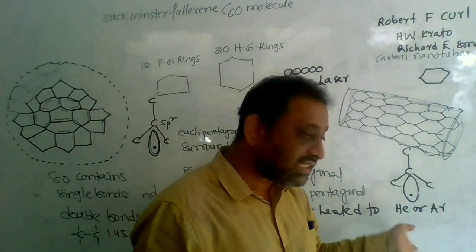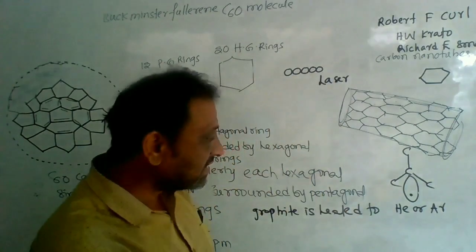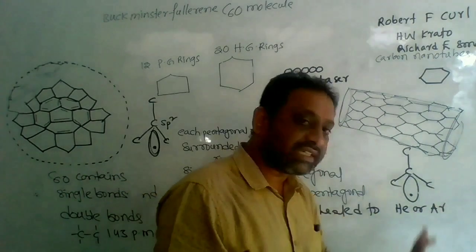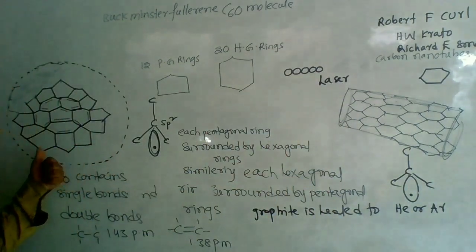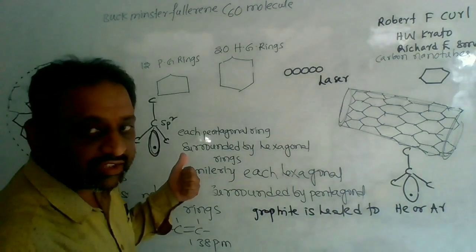These vaporized carbon undergo condensation in the atmosphere of inert gases like helium or argon. That resultant product is called Buckminster fullerene.